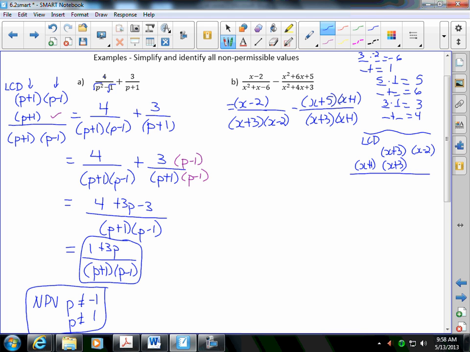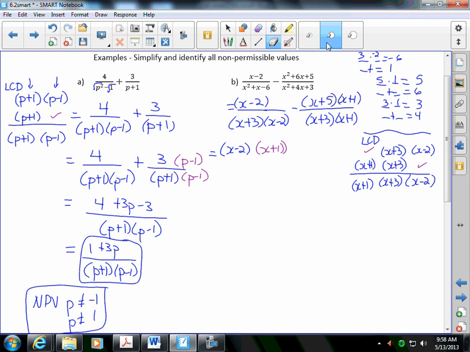So now when I go to figure out my lowest common denominator, I have an x plus 1, an x plus 3, and an x minus 2. So that means the first one is missing an x plus 1, and the second denominator is missing an x minus 2. So I have x minus 2. This one was missing x plus 1, so times x plus 1.